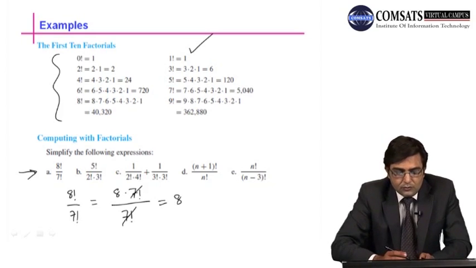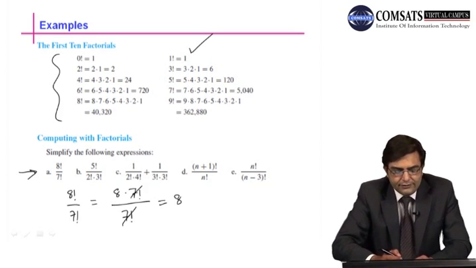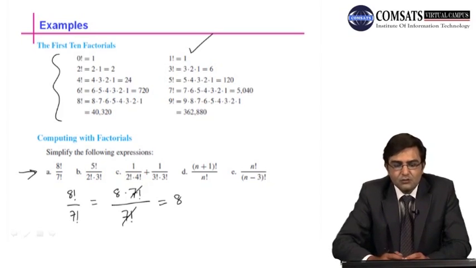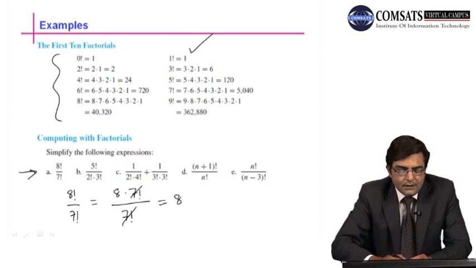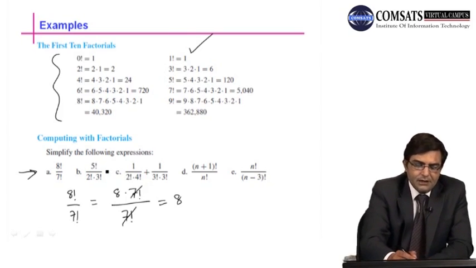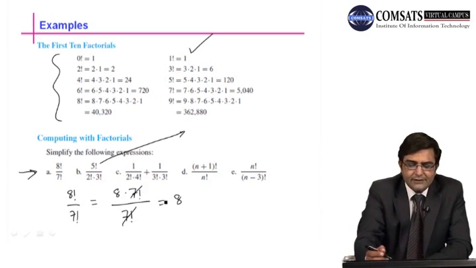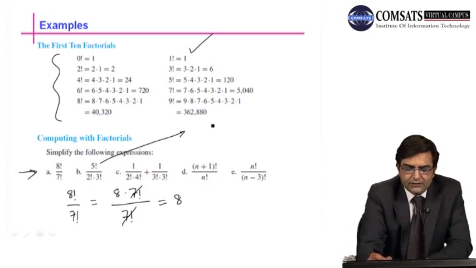So by using the recursive definition of the factorial, we can easily simplify the expressions which involve factorials. Similarly, the B part, we can simplify it easily. 5 factorial, we can write it as 5 into 4 into 3 factorial divided by 2 factorial into 3 factorial.